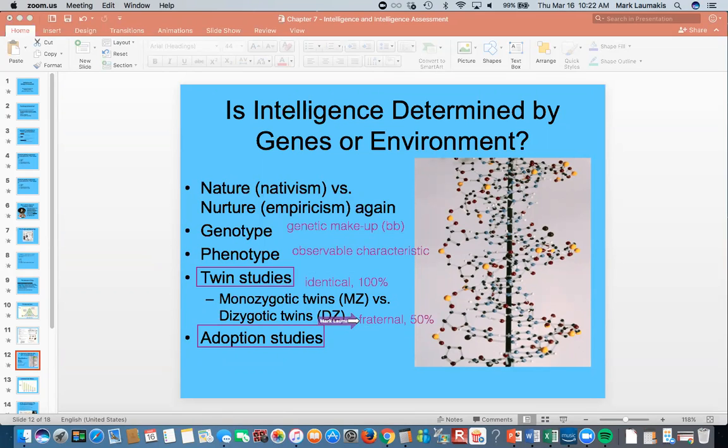All right, let me give you guys permission to be mad scientists for a minute. I want you to somehow use MZ twins who share all their genes to help us disentangle genetic and environmental influences on intelligence.